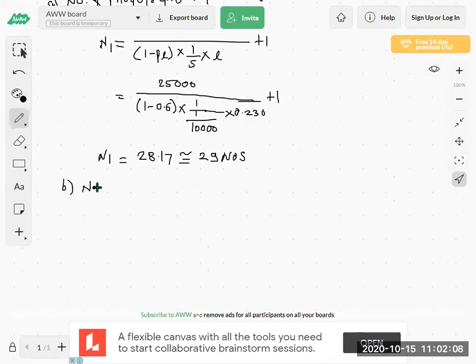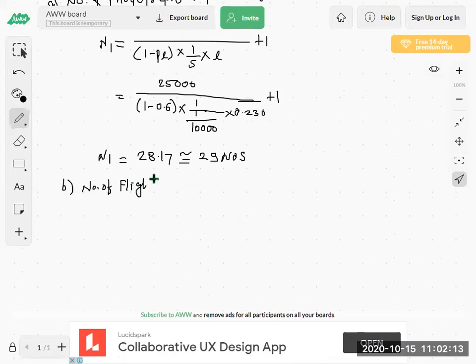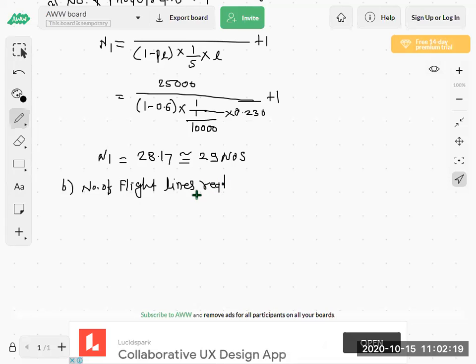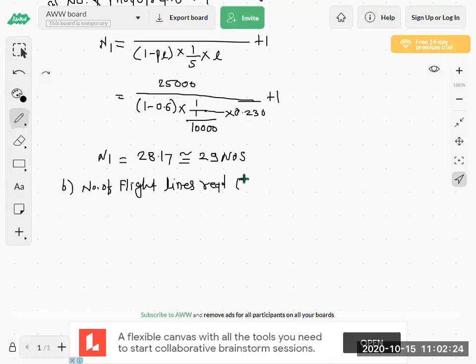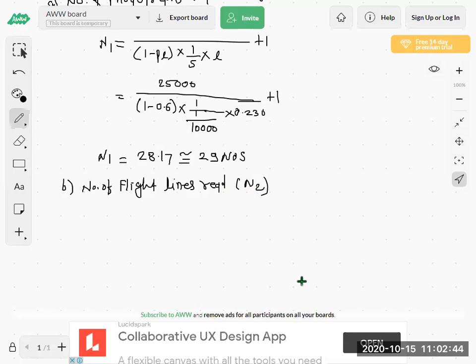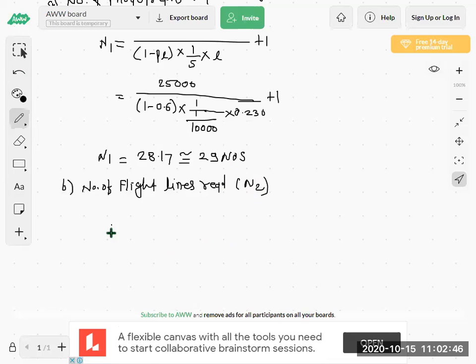Now we have to calculate in small b what number of flight lines are required. The number of flight lines required is n2. So what is n2?